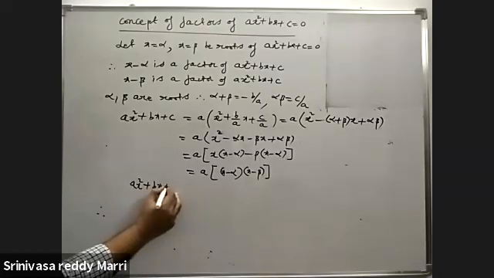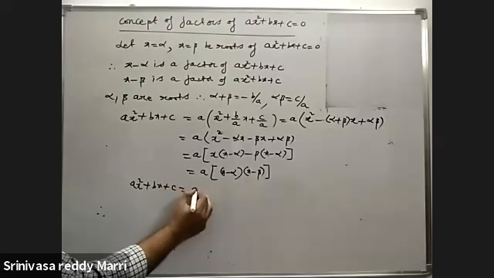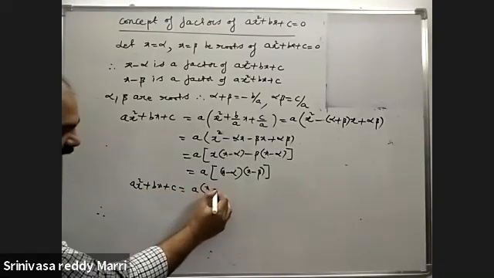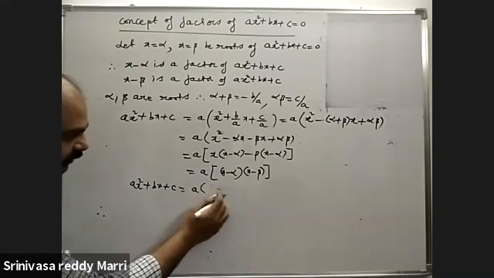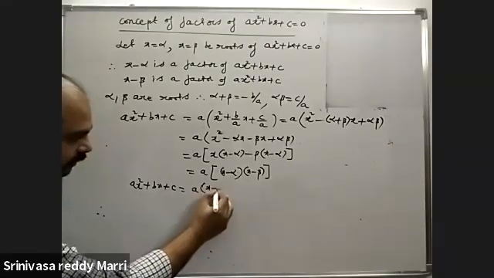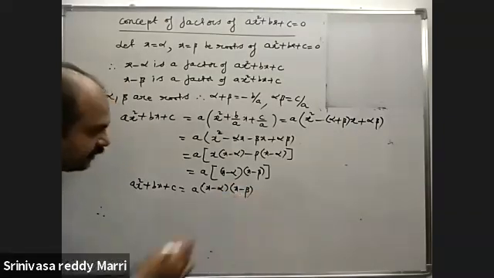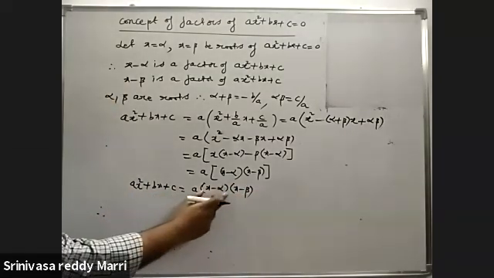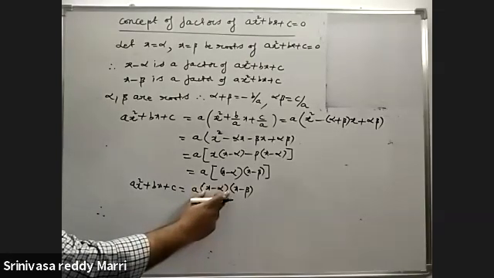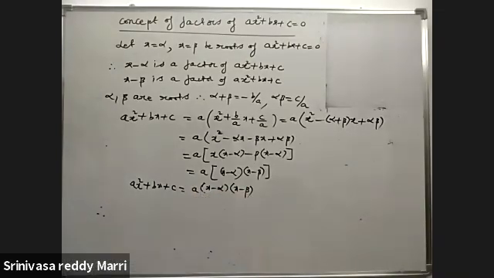Ax square plus bx plus c is nothing but I have factorized into two. You got two factors. For this expression, what are the factors? One factor is x minus alpha and another factor is x minus beta. That is what I told.